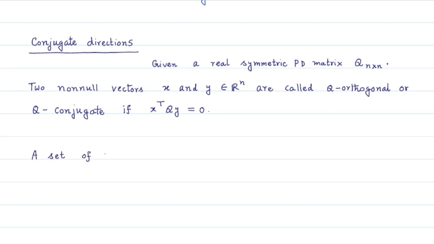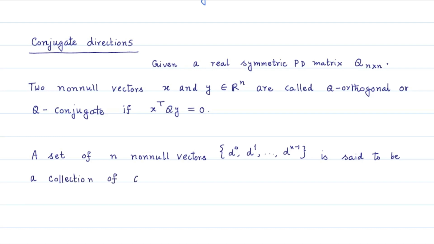A set of n non-null vectors d_0, d_1, till d_{n-1} from R^n is said to be Q conjugate if any pair of vectors from this set, d_i and d_j, are Q orthogonal.